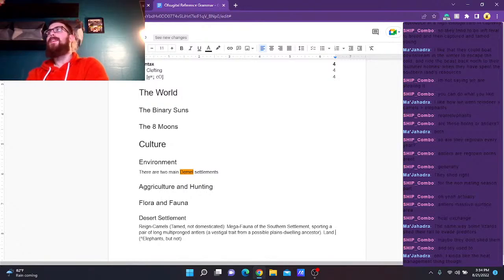So let's say the antlers are a vestigial trait from a possible plains-dwelling ancestor, right?